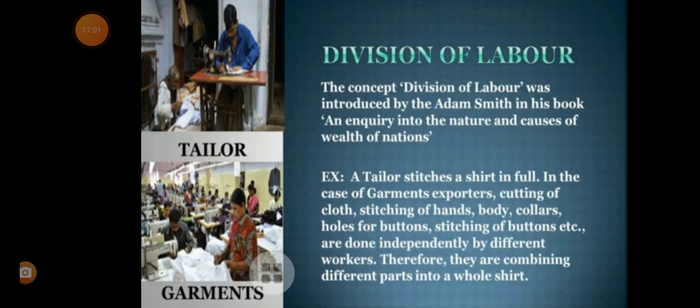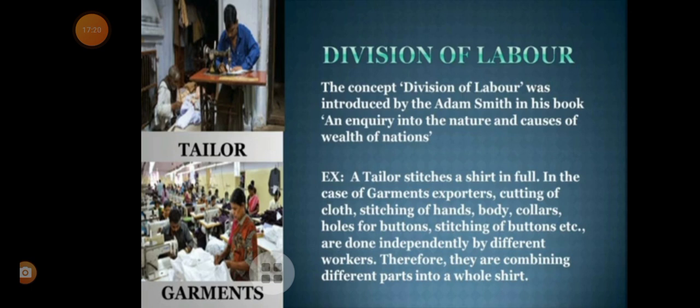Okay, division of labor. So what is division of labor? One work is divided into several steps and given to different people. That is called division of labor. There is an example given: tailor and garment.